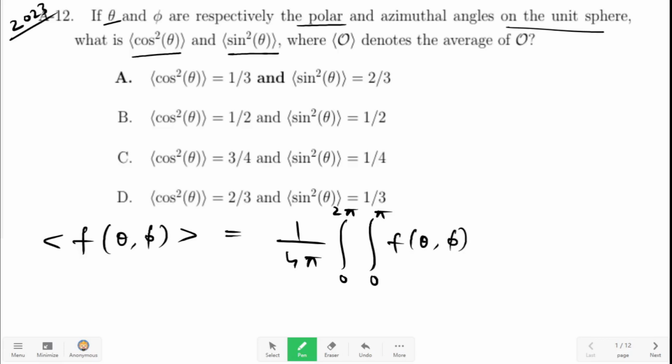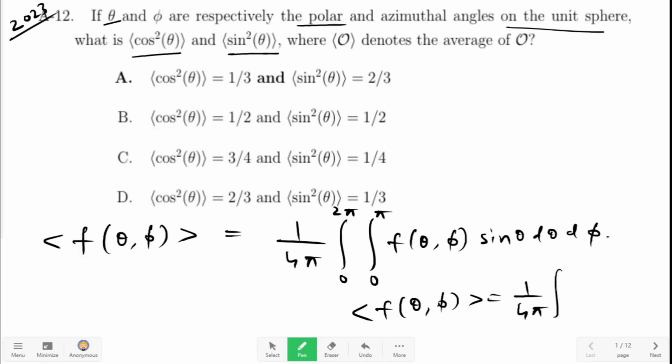Then we have the infinitesimal solid angle, which is sin theta d theta d phi. Or you can shortly write this as the average of f of theta comma phi is equal to 1 by 4 pi integral f d omega.